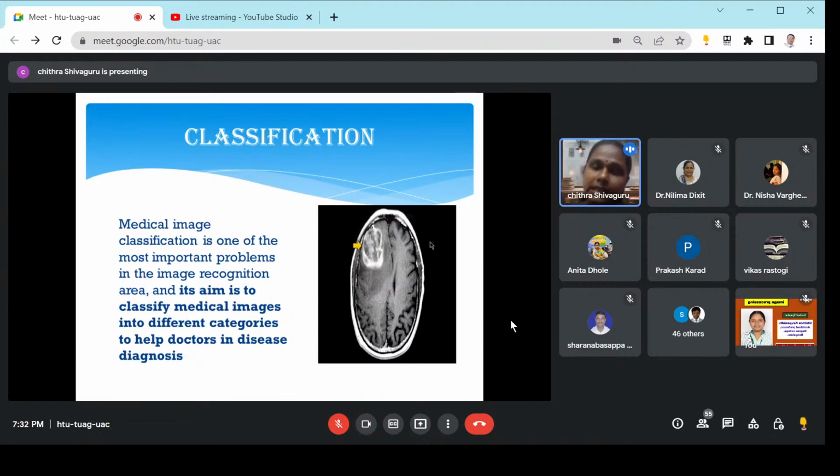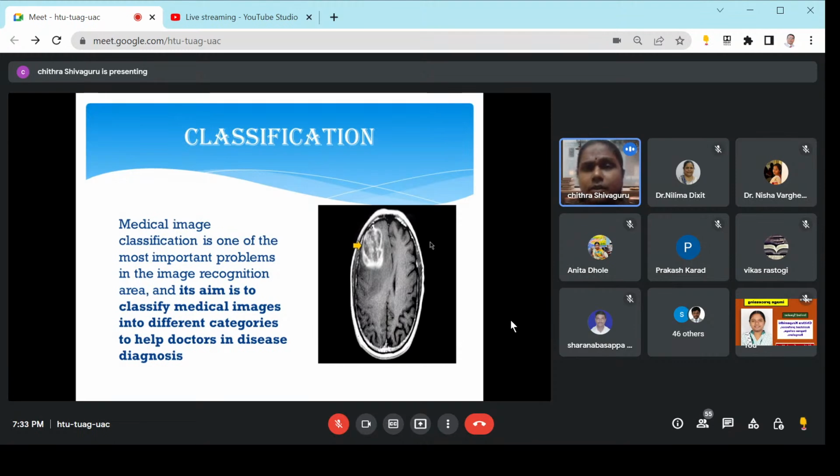Even within Alzheimer's disease itself, there are 3 stages: mild, moderate, and severe. That kind of classification can also be given, which helps the doctor to proceed with further treatment or surgery. That is the final step of classification.